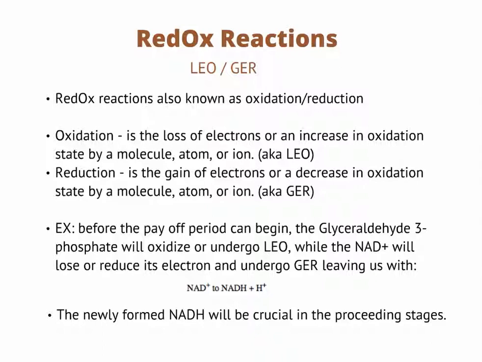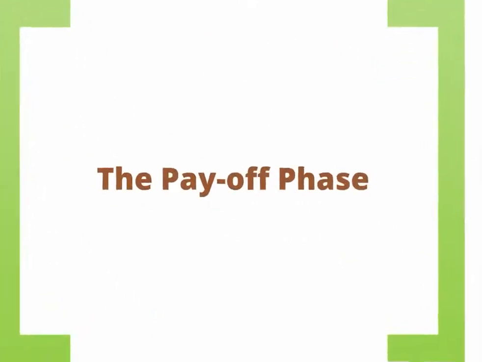Reduction is the gain of electrons or a decrease in oxidation state by a molecule, atom, or ion, also known as GER. For glycolysis here, before the payoff period can begin, the glyceraldehyde 3-phosphate will oxidize, or undergo LEO, while the NAD+ will gain electrons, or reduce, and undergo GER, leaving us with the reaction below, NAD+ to NADH. This is going to be crucial in the following stages.